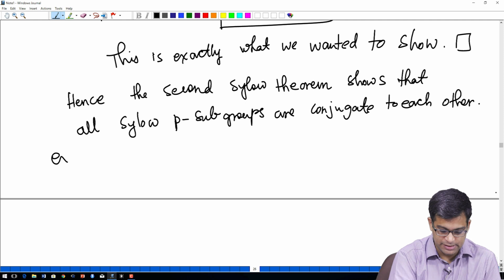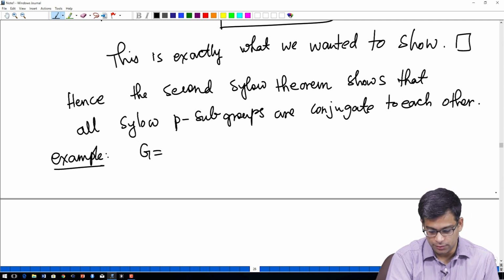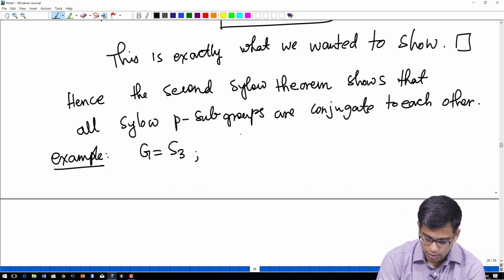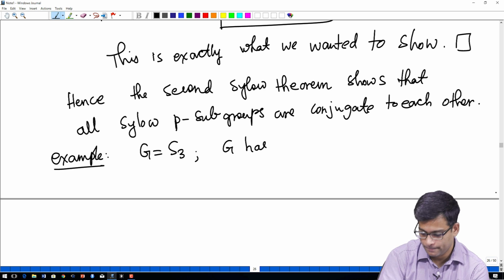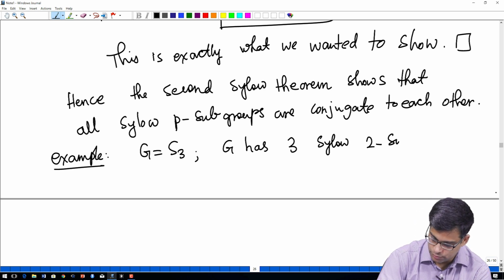So, first of all, as an example, let us take S3, and I mentioned in an earlier video that S3 has 3 Sylow 2-subgroups.